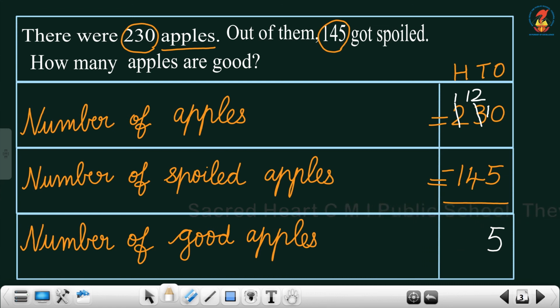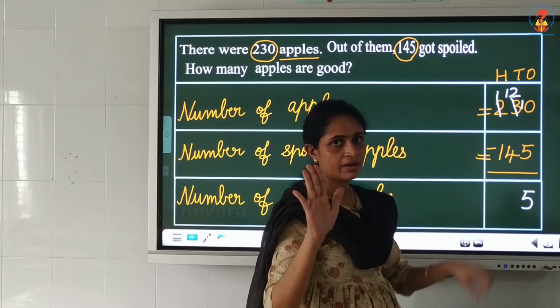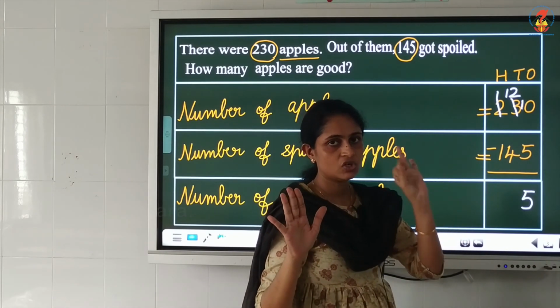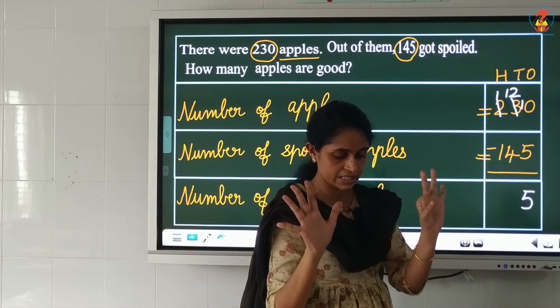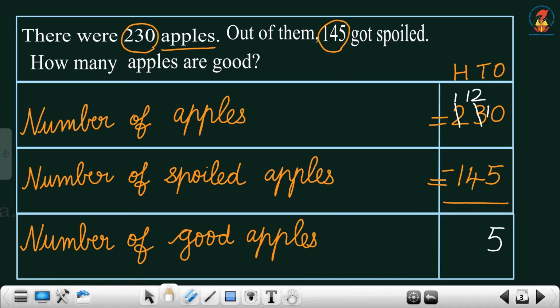Okay. So 12 minus 4. So start counting after 4. After 4, 5, 6, 7, 8, 9, 10, 11, 12. How many fingers are raised, children? 8. So you write 8 here.